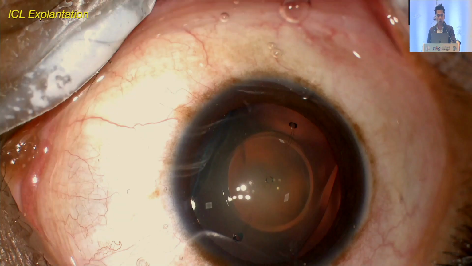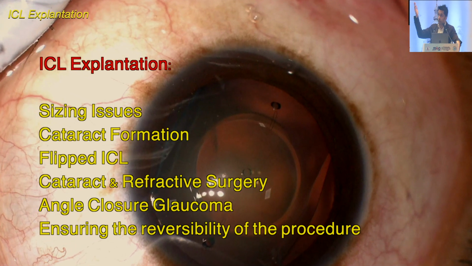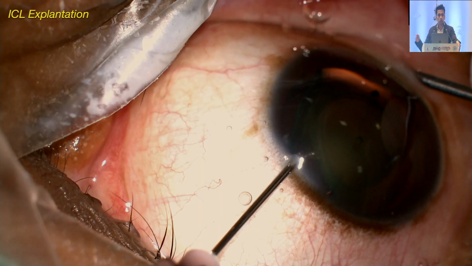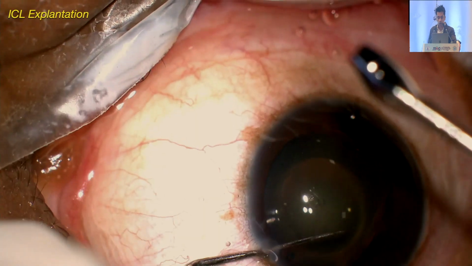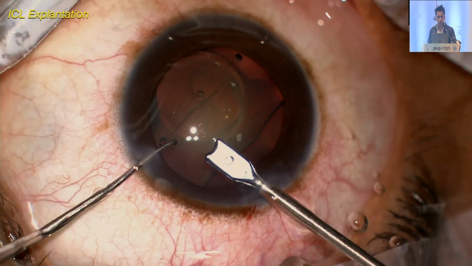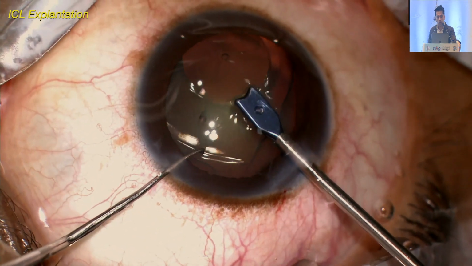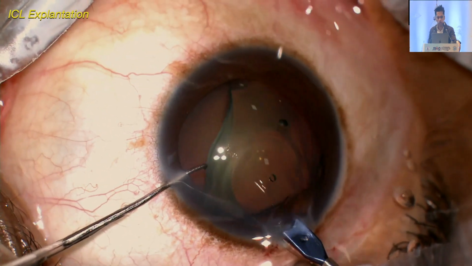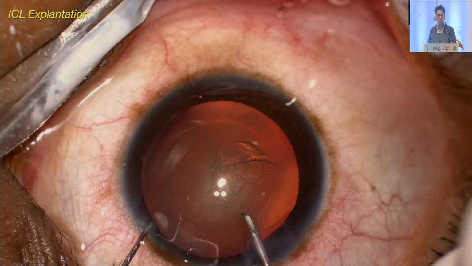So that's one way, and the other obvious method is explantation, but you have explantation requirements in any of these complications. Explantation is rather simple. What I started to do a lot more is just make sure that the ICL is free, hold it at the optic haptic junction directly in this angle, and with one cool pull it comes out through the same incision that you went in with.